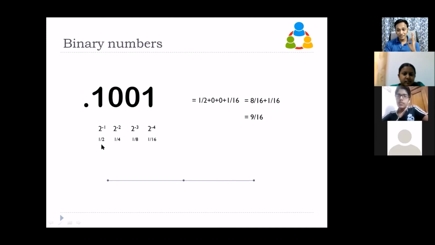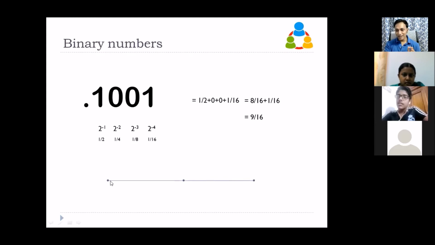Now what are we saying? The value of this is 1. So that means the number falls in the first half or the second half. The first half is 0. This is 1.